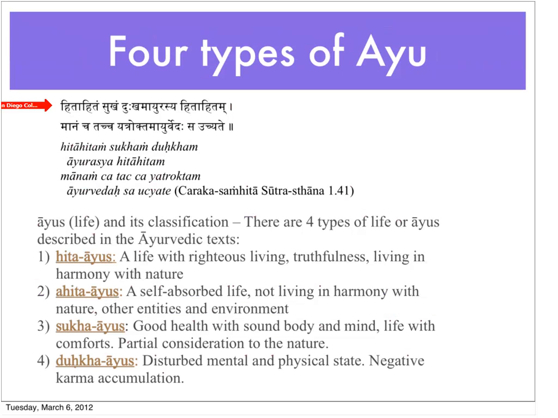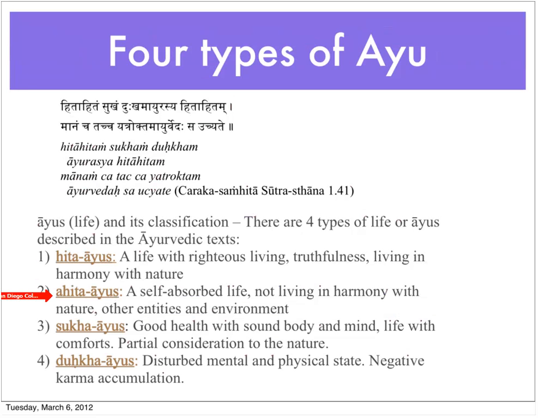So this is defining 4 types of life or ayus. There's hita ayus, a life with righteous living and truthfulness, living in harmony with nature. Ahita ayus, a self-absorbed life, not living in harmony with nature, other entities, and the environment.